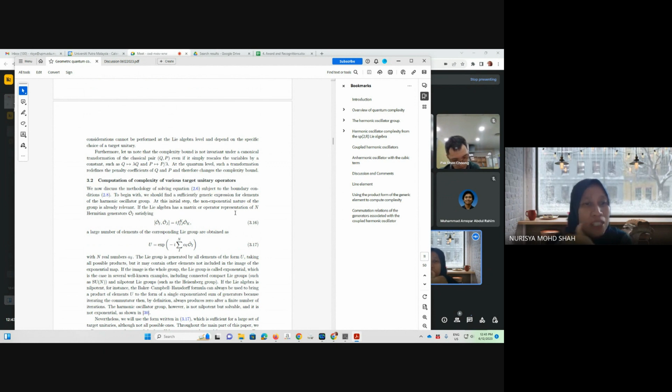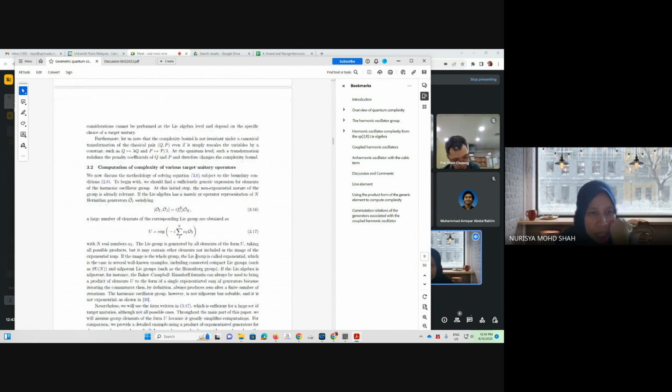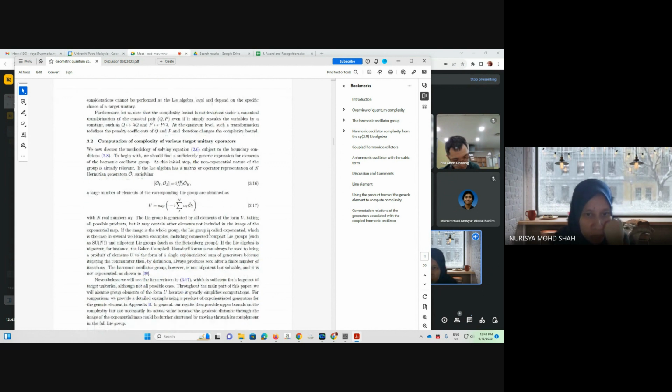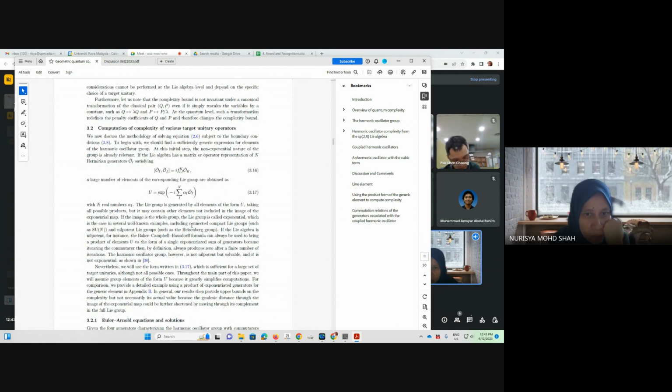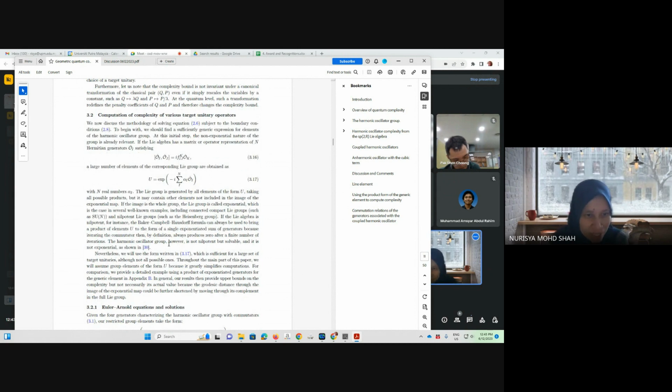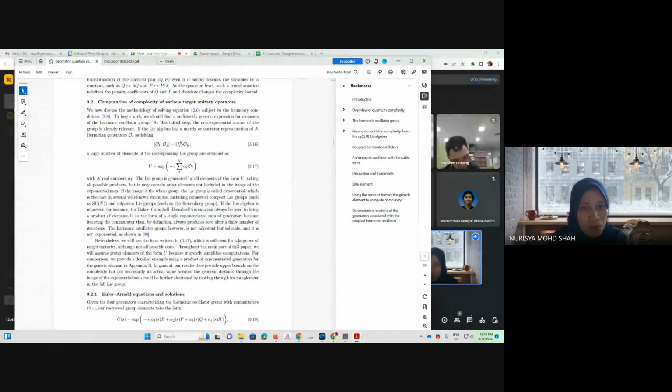Most of this uses SU(N) or a nilpotent Lie group such as the Heisenberg group. If the Lie algebra is nilpotent, this has no physical meaning, it's more like properties. So they consider a sufficiently large set of target unitaries.